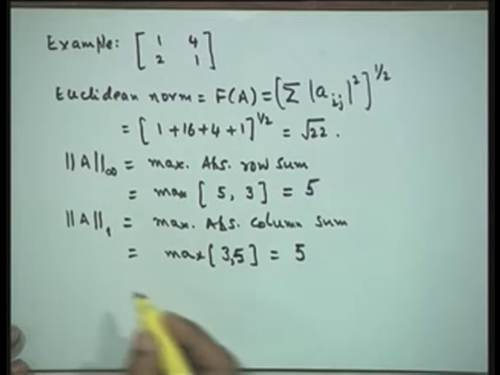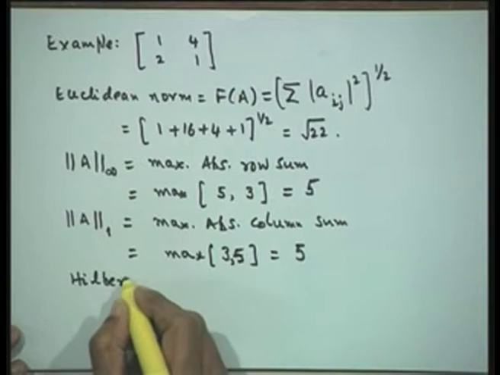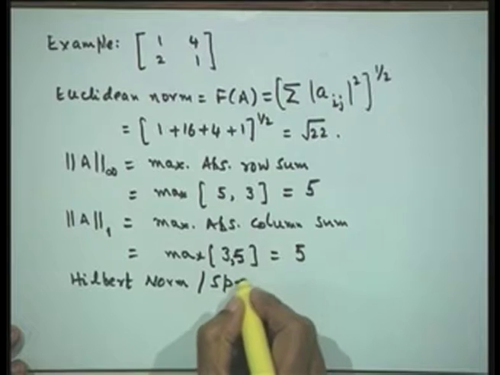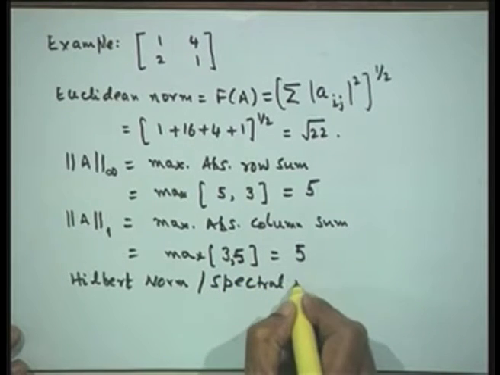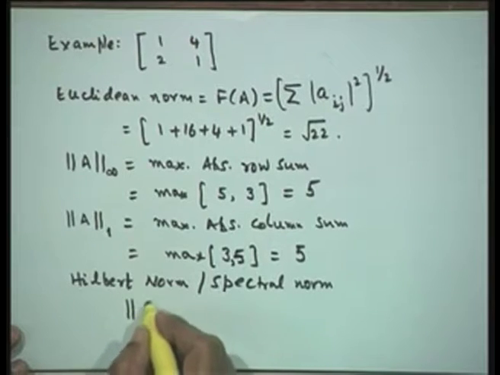Then the last definition that we have given is the Hilbert norm, which we have also called the spectral norm. Let us write down the definition of this.